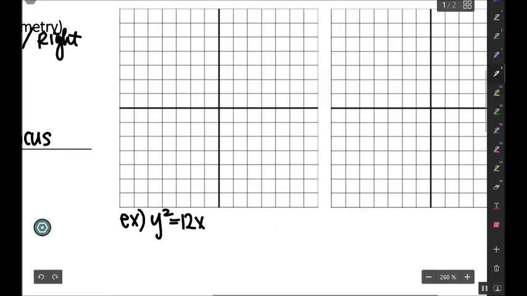So again, h and k are 0, 0. Our p is 12 divided by 4, which is 3. And since it is positive, we are going to open to the right. So that tells me that my focus is 3 units to the right of my vertex. My directrix is 3 units to the left.